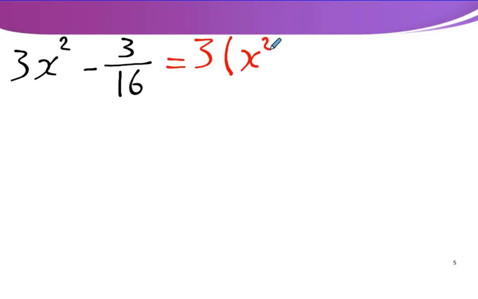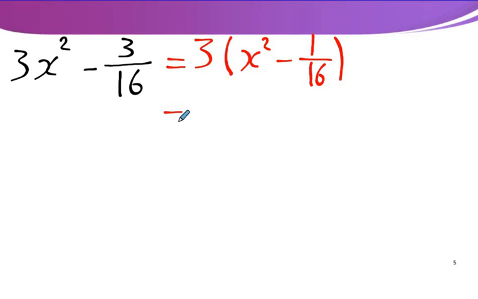3x to the power 2 minus 3 over 16. Here there is a highest common factor, so take it out. What is the highest common factor here? 3. 3x squared divided by 3 is x squared. 3 over 16 divided by 3 equals 1 over 16.